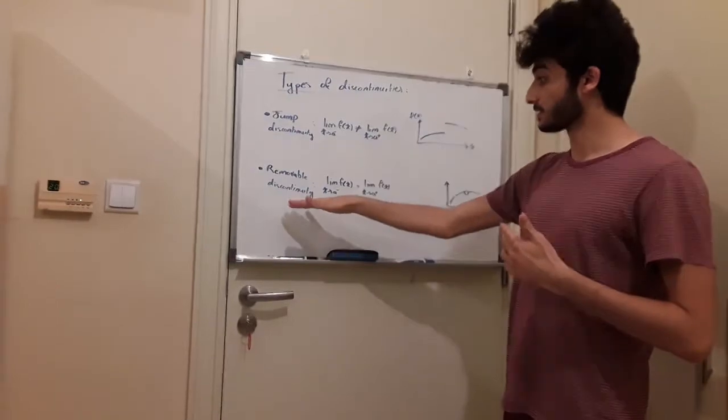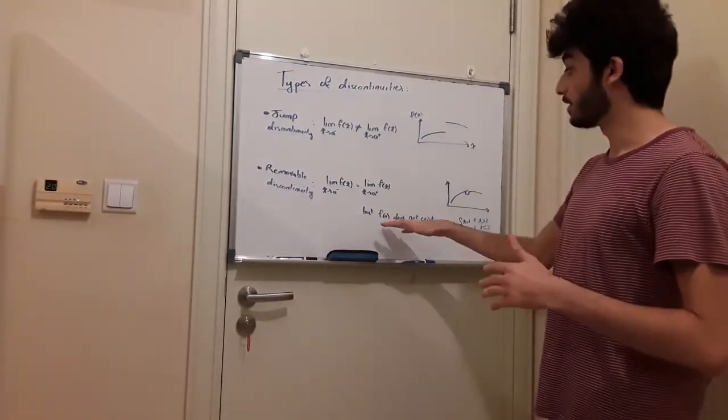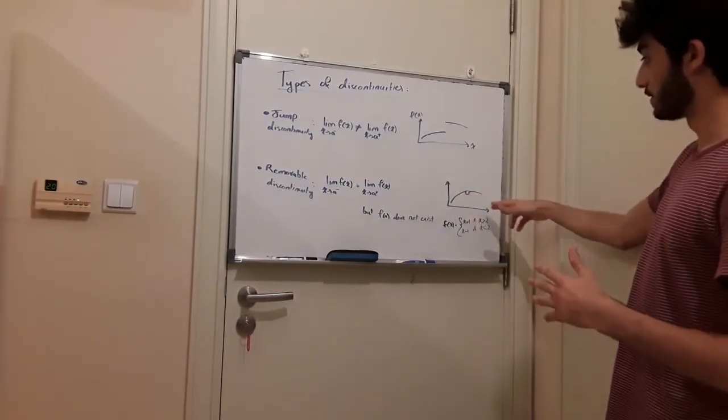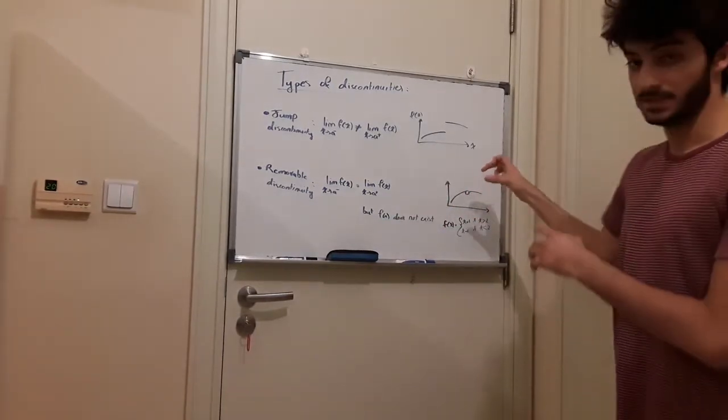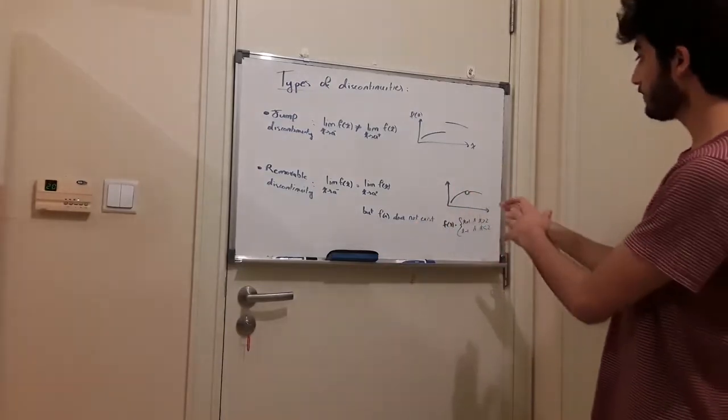Now for removable discontinuities, the left side limit and the right side limit are equal, but the function at that point does not exist. So this is how it would look in a graph. There's this empty circle, which means there's no point at that place.